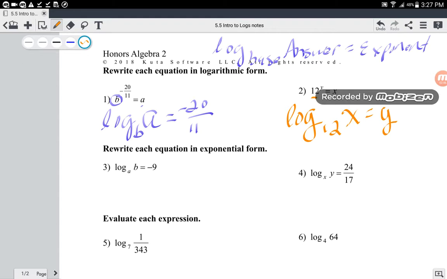And you can also go the other way. For 3 and 4, you're given a log and you're asked to write that in exponential form. And it's going to be the same thing. It's log base answer equals exponent. So my base is going to be the same base as an exponent.